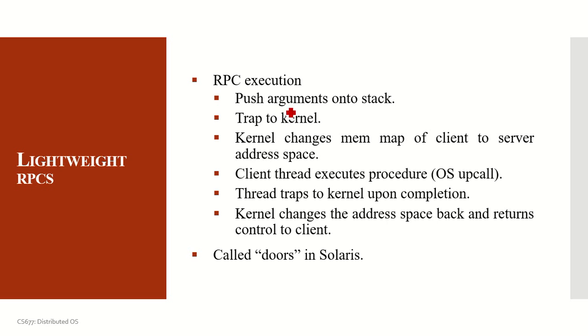The execution goes, the arguments are put on the stack, they're trapped in the kernel. The kernel changes the memory map of the client to the server address space. It just maps it, and the client thread executes the procedure call as an OS upcall. The thread traps to the kernel upon completion. The kernel changes the address space back and returns control to the client.